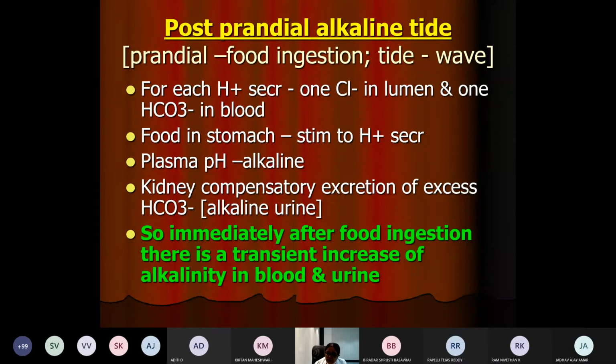Plasma pH alkaline. Kidney compensatory excretion of excess HCO3 in alkaline urine. So immediately after food ingestion, there is a transient increase of alkalinity in blood and urine.